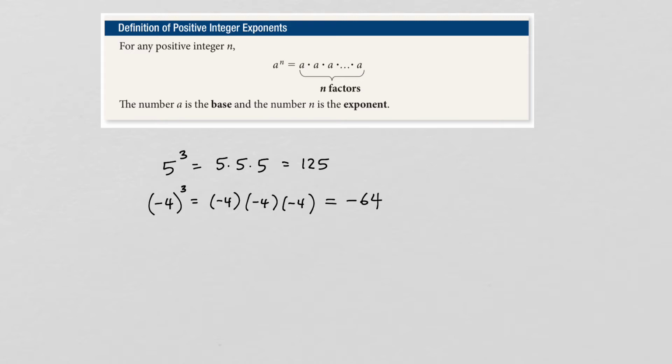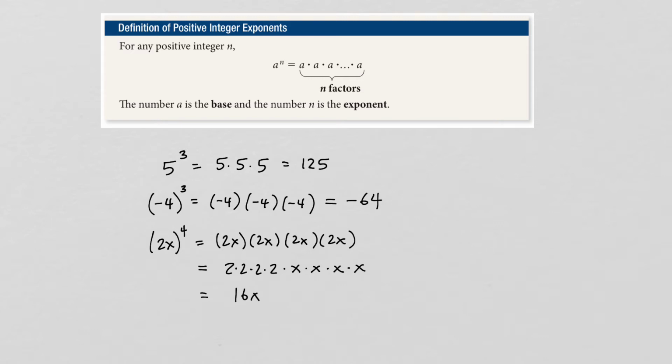And finally, if you had something like 2x to the fourth power, this means 2x times 2x times 2x times 2x, which because of commutative and associative properties would be 2 times 2 times 2 times 2 times x times x times x times x. And this is equal to 16x to the fourth power.